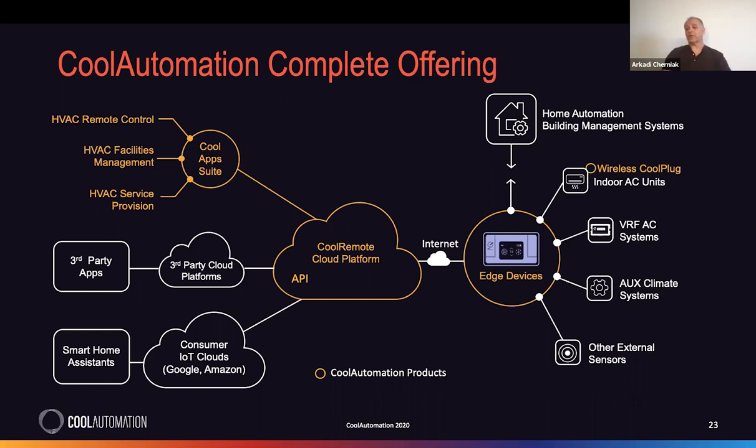Additionally, we can integrate with the Google and the Amazon speech control devices for smart home assistants. Additionally, for custom-made automation projects that are not using the brand names but develop their own, we also have a special API to integrate between us and any third-party app that will be using this API to control the systems.